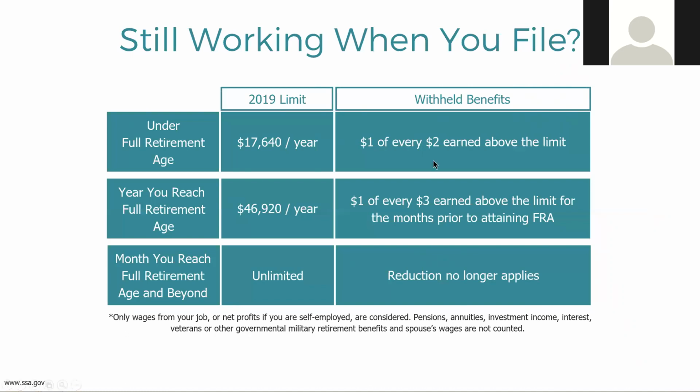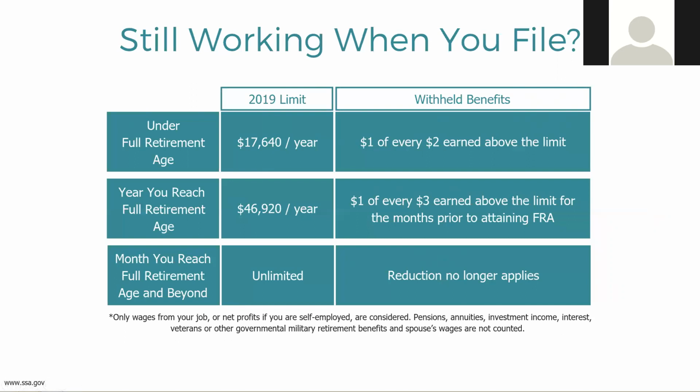So as you can see here, if your earnings are above a relatively modest level of $17,640, that's the 2019 figure, and those go up a little bit each year. But if you were earning above that level and you filed for Social Security benefits early, then $1 of every $2 earned above that limit is going to be withheld from your Social Security benefit. All right?